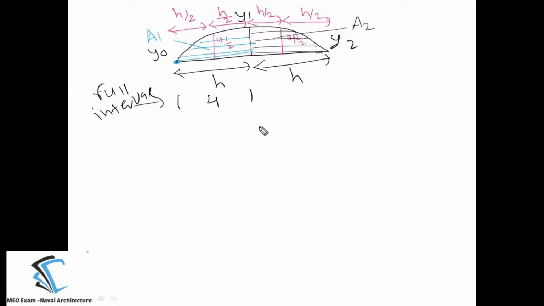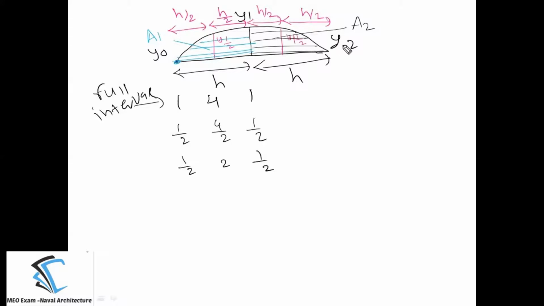But in our case, it is not a full interval, it is a half interval. If it is a half interval, what you have to do? You have to divide all the Simpson's multipliers by 2, like this: 1 by 2, 4 by 2, 1 by 2. So now the Simpson's multiplier becomes 1 by 2, 2, 1 by 2. This is the Simpson's multiplier for region number 1, that is A1.